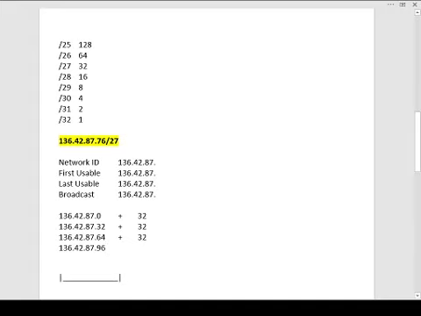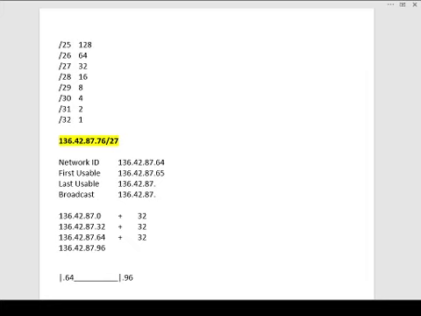Remember, the 64 is the one that's going to be inside the goalpost. It's just a way of me getting you to understand how to divide this up. The next one is going to be outside it. So everything in here is part of that subnet. Your network ID is going to be .64. Your first usable has to be one higher than your network ID.